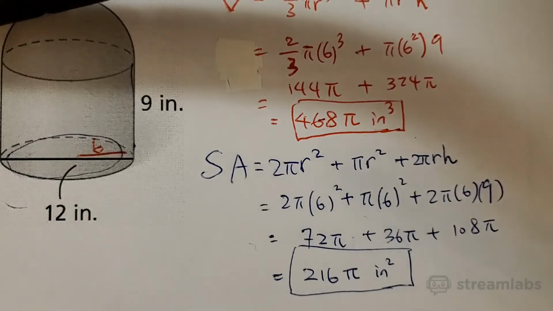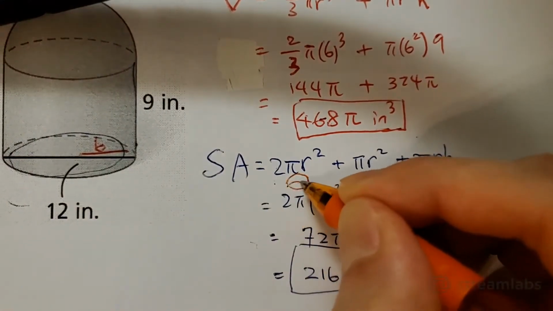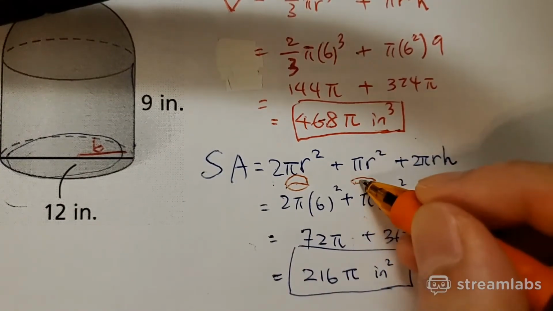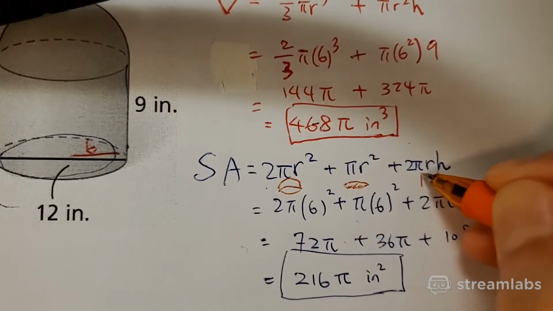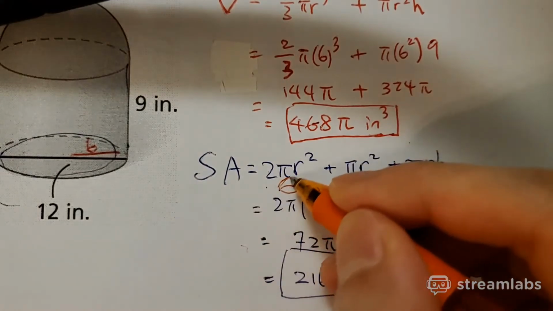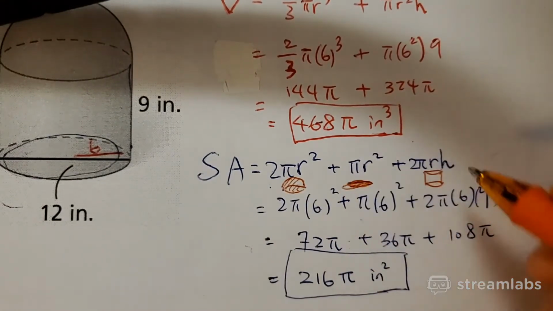So I calculated the top hemisphere. Here, let me draw it for you. This is the surface area of the top hemisphere, right? And then this part is the base, and this is the lateral area. So 3 parts: the hemisphere, the base, and the lateral.